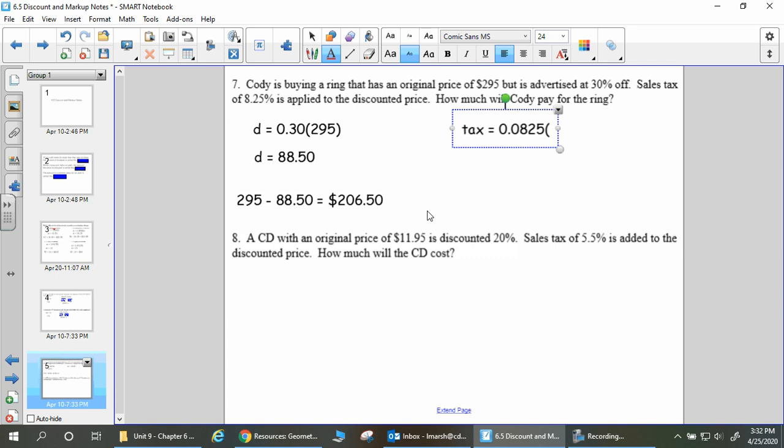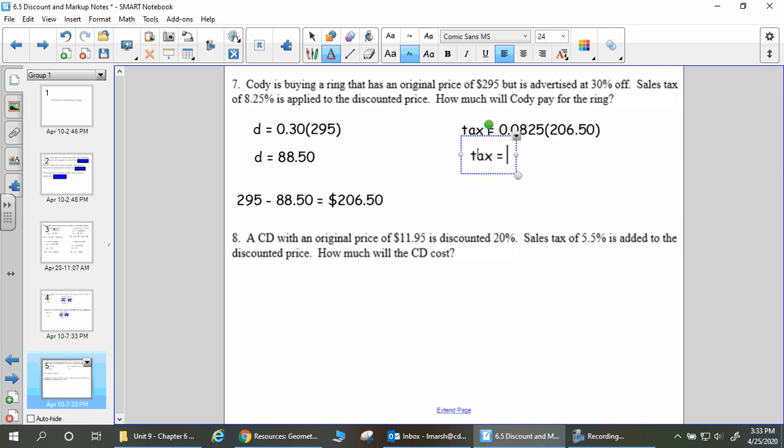Times, and make sure you put in that discounted price, the $206.50. So the amount of tax he has to pay is 0.0825 times 206.50. If you get numbers that go beyond 2 decimal places, just remember we're talking money.